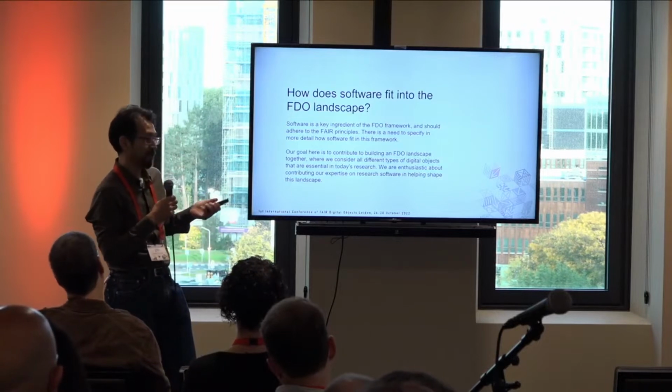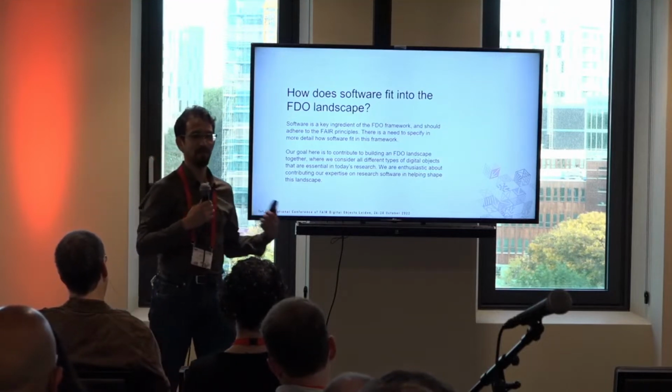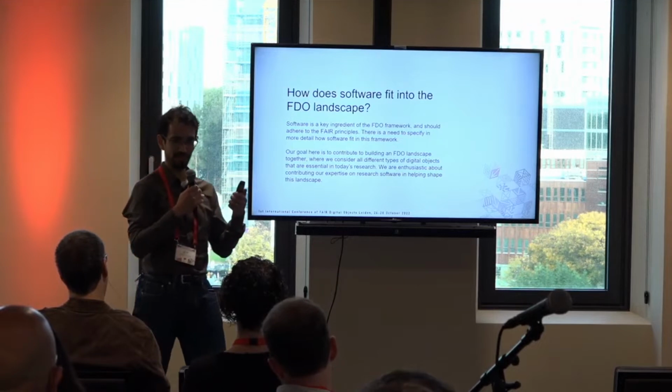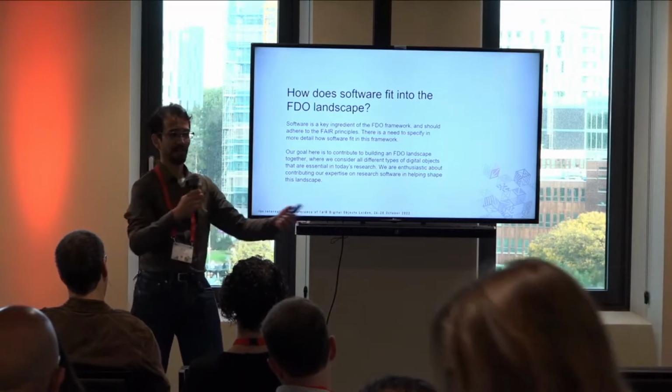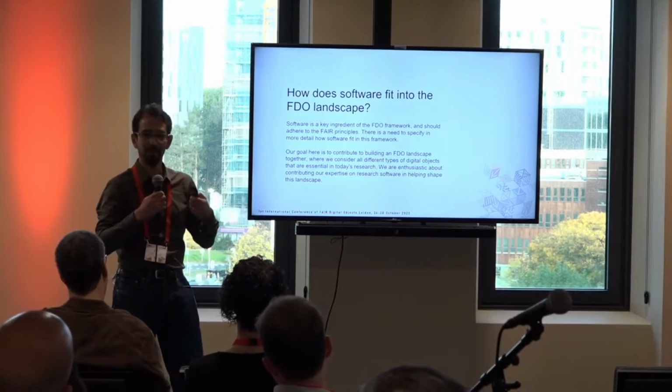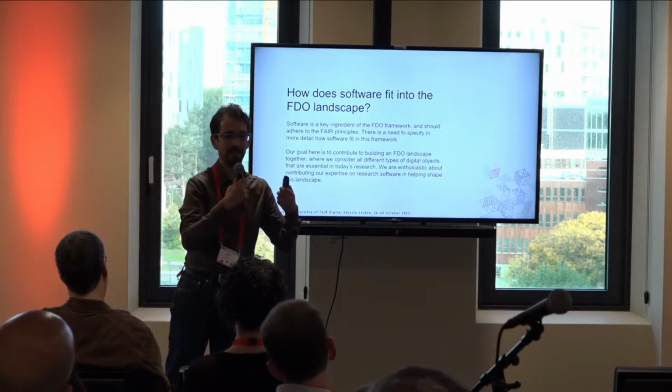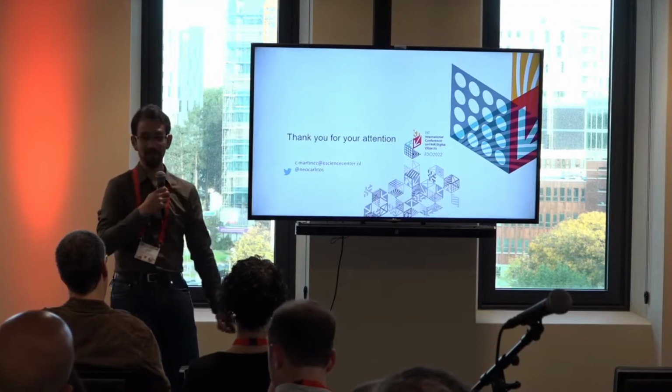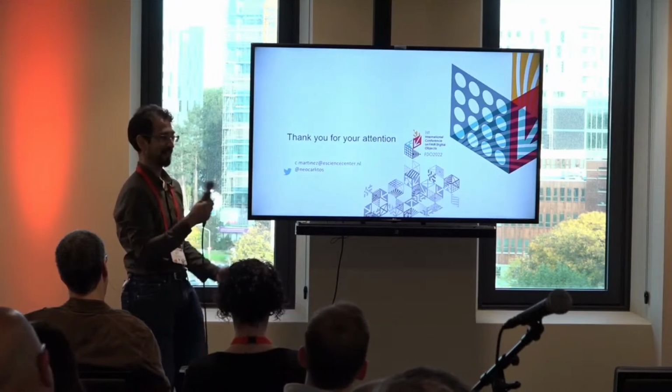So I think there should be more consideration and more collaboration in how we make software also FAIR within this framework. This is not just about the data, but also about the software that helps us handle this data. So thank you very much for your attention.